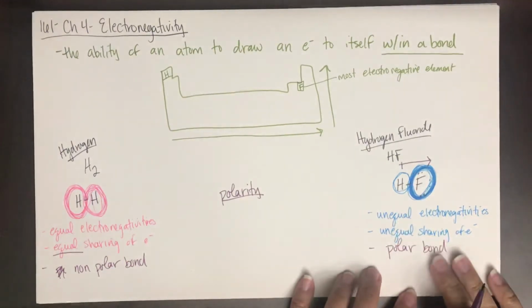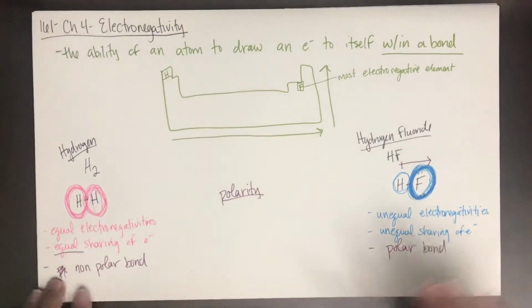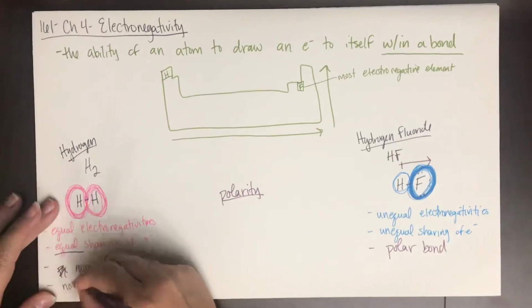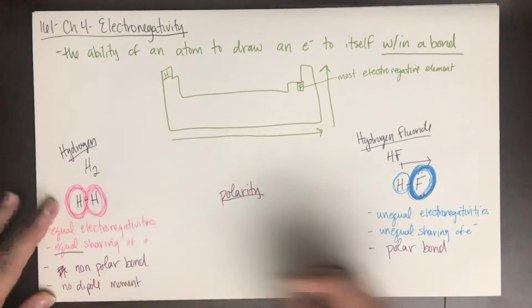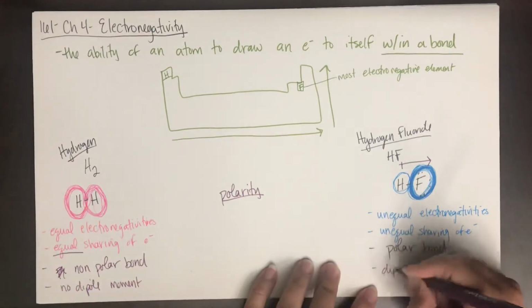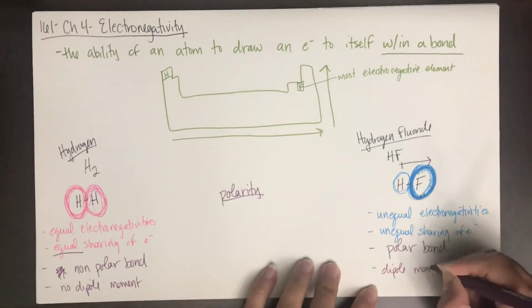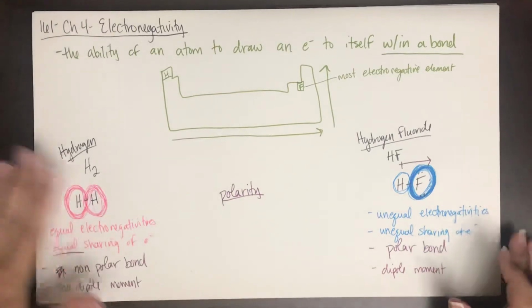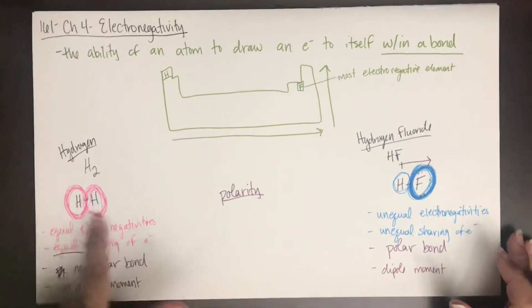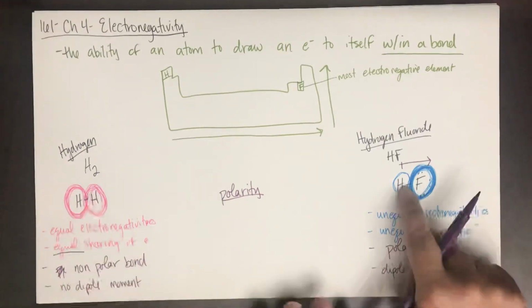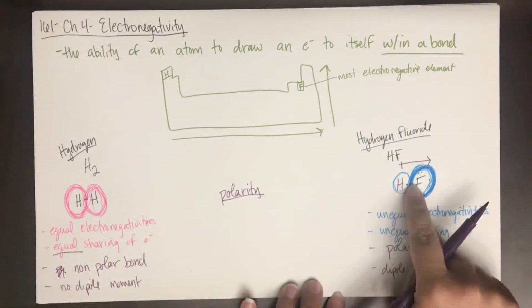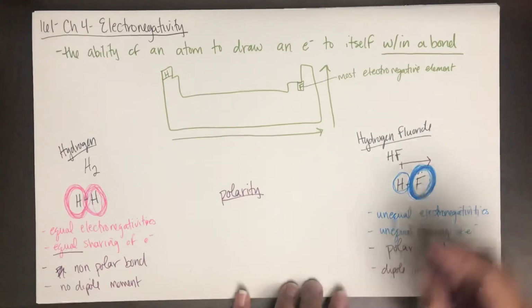Polar bonds have dipole moments. Nonpolar bonds have no dipole moment. There's no vector here because there's no separation of charge. It's equal attraction to the electron. Here there is a separation of charge, so we have this vector.